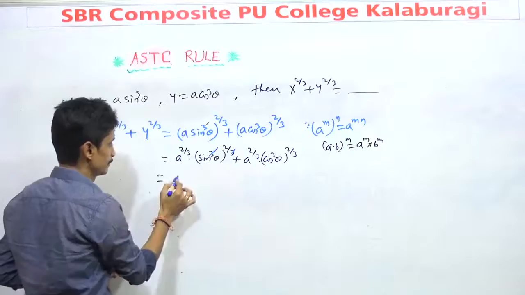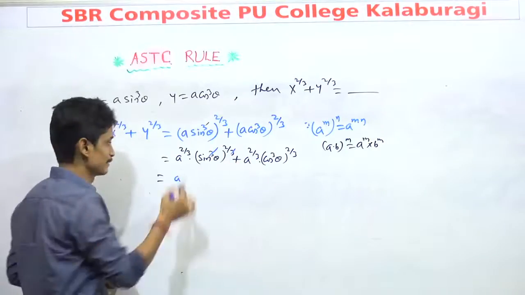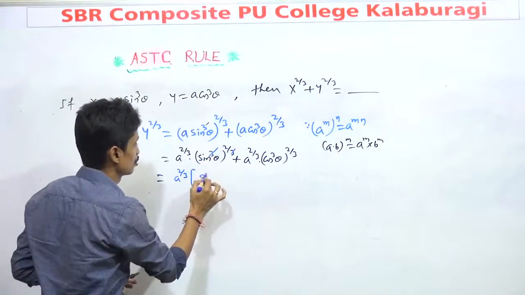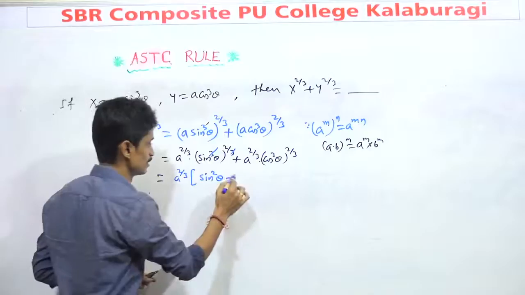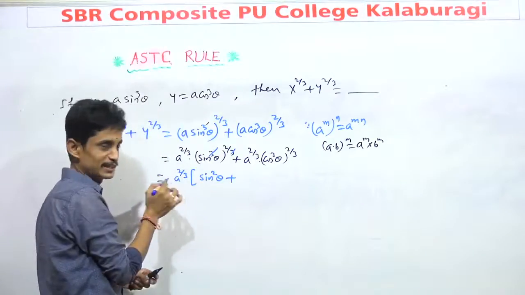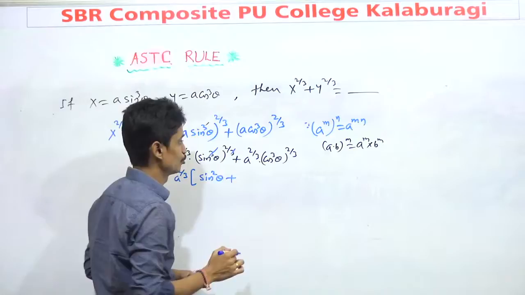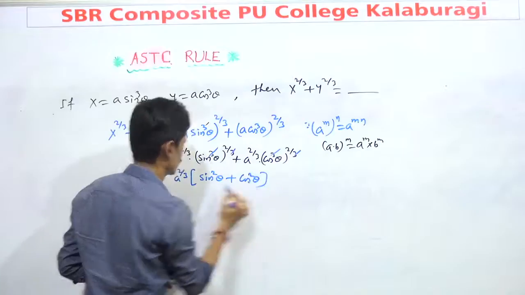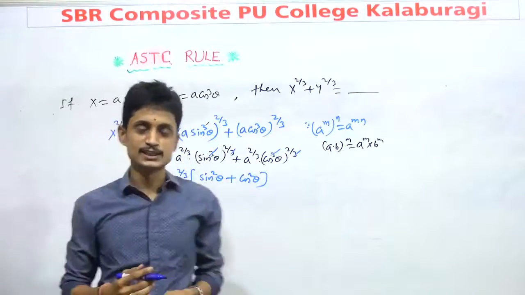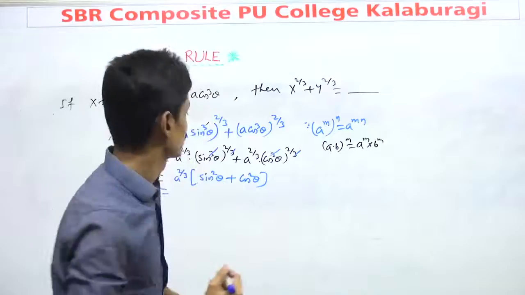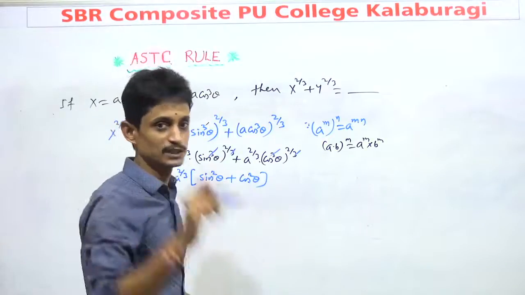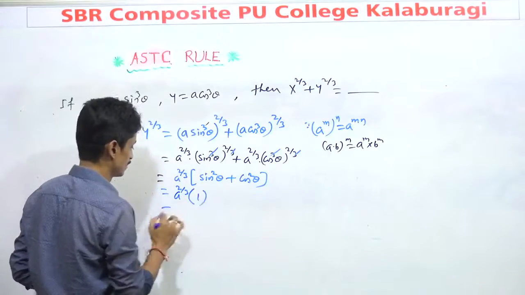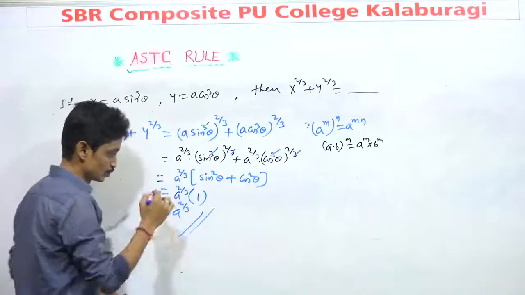And a power 2 by 3 is common, so I will take it out. Remaining is sin square theta, because 3, 3 cancel. Here a power 2 by 3 is already taken out. Remaining is cos cube theta whole power 2 by 3; 3, 3 also cancel, remaining cos square theta. And yesterday itself we discussed the most standard identity, that is sin square theta plus cos square theta is 1. Our result is a power 2 by 3 into 1, that is nothing but a power 2 by 3.